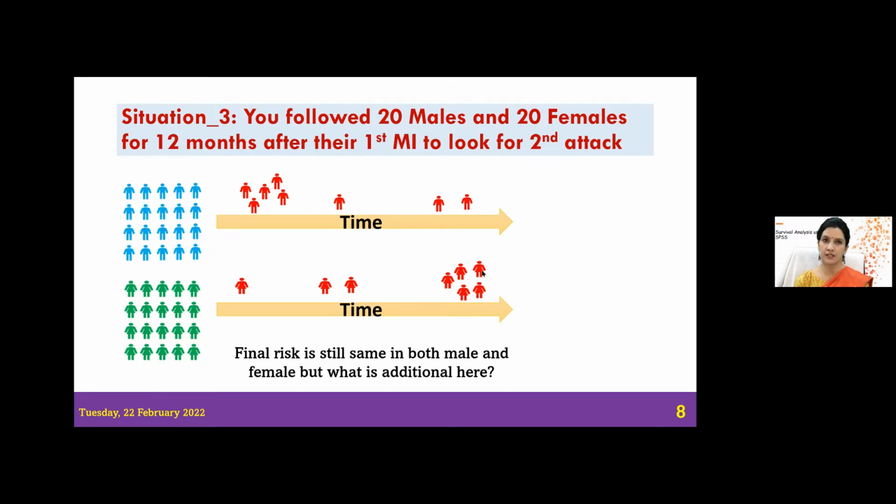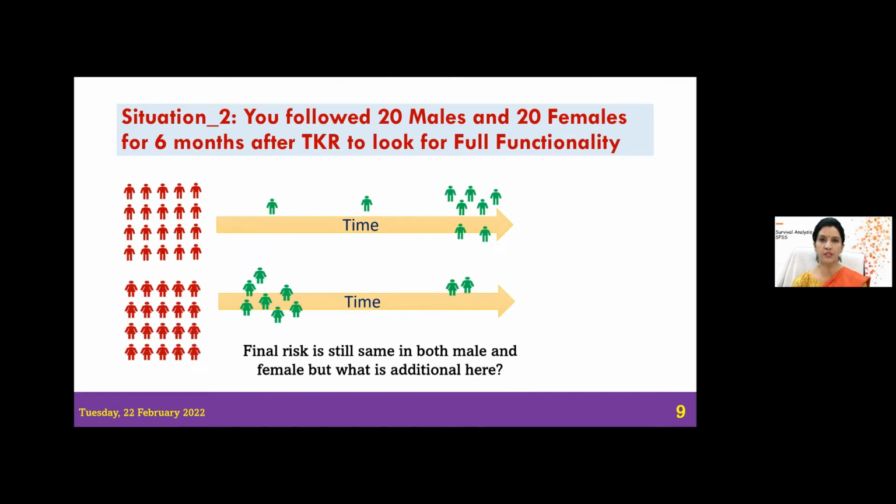So the final risk is still the same in both male and female, but the additional information we are getting is regarding when that event is occurring. Is it in the initial part of the follow-up period or during the later part? So this information is necessary.